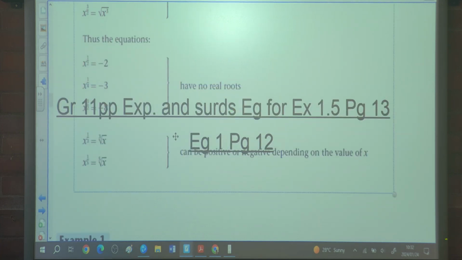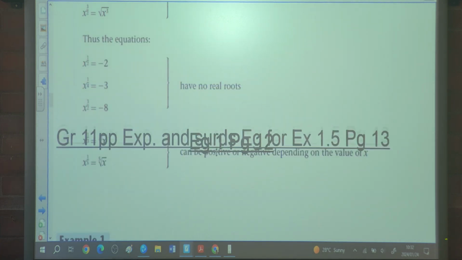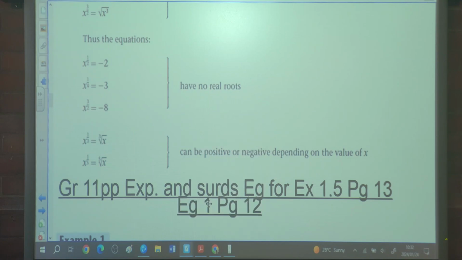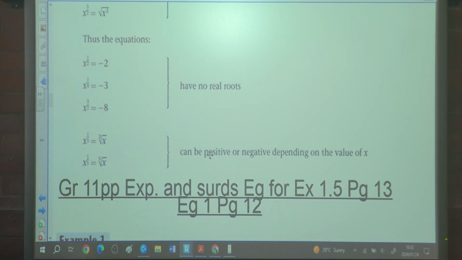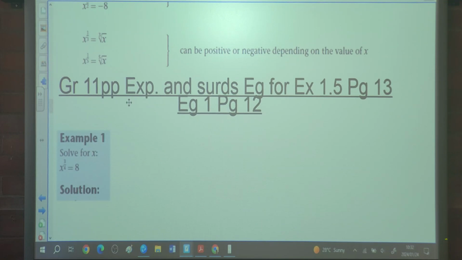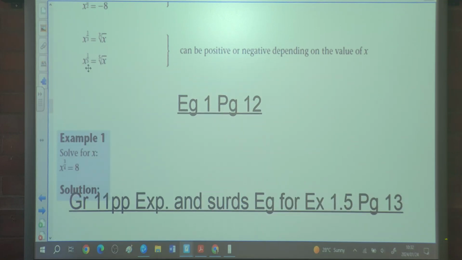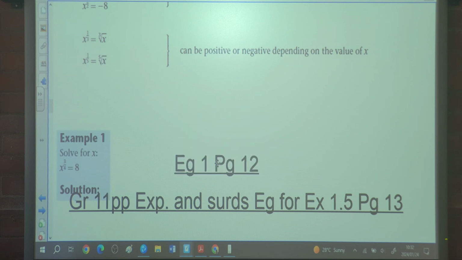Thus, the equations x to the half is equal to -2, x to the quarter, you see, this is all even here, will have no real roots or no solution. If it's a cube or any odd denominator, it can be positive or negative.